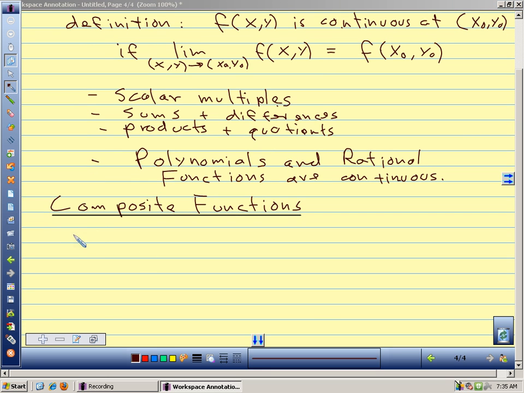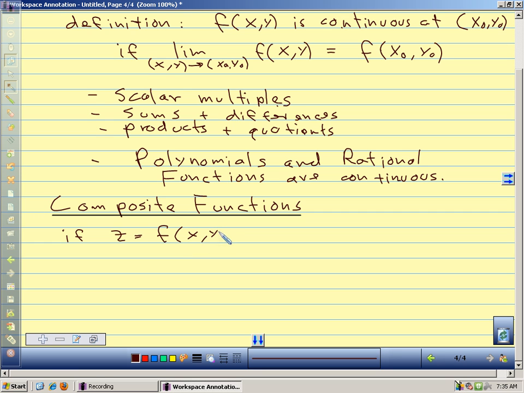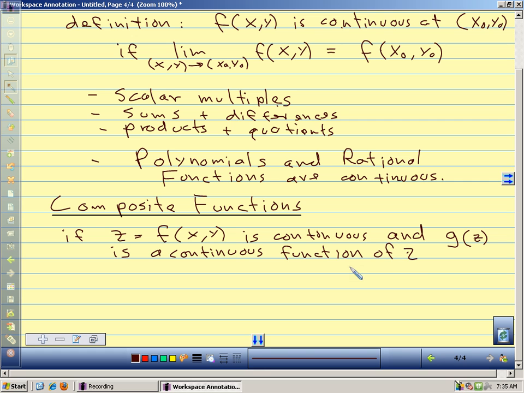So for composite functions, if z is f of x, y, and this is continuous, and g of z is a continuous function of z, then our composite g of f of x, y is continuous.